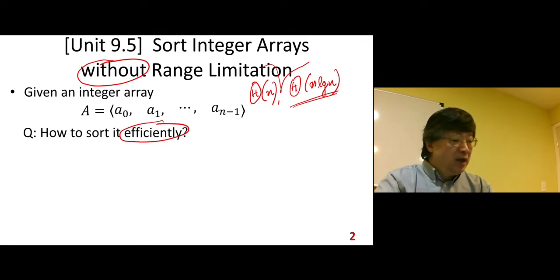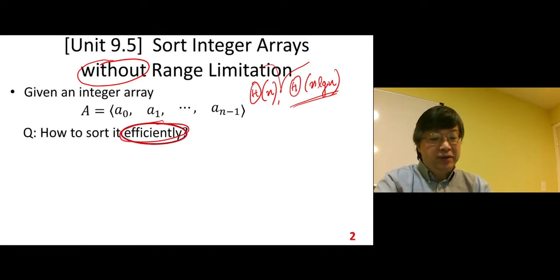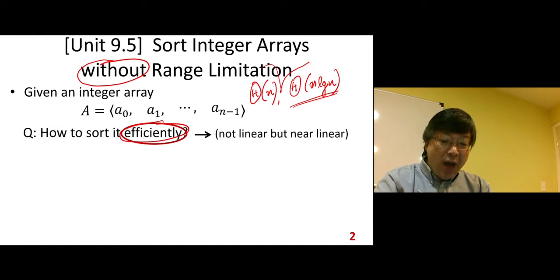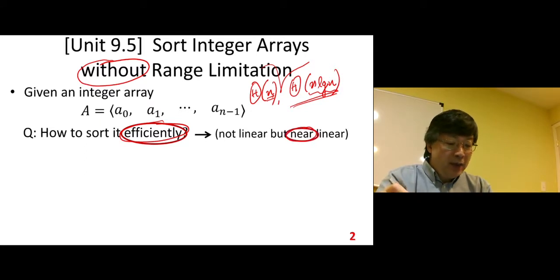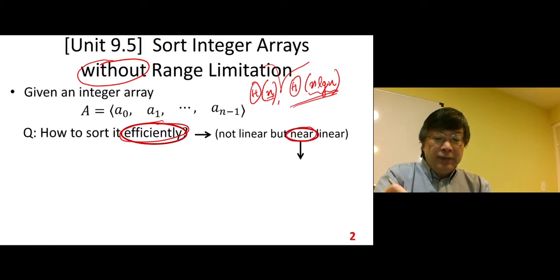So not linear, but near linear. Slightly worse than this linear growth function, but better than the n log n growth function.